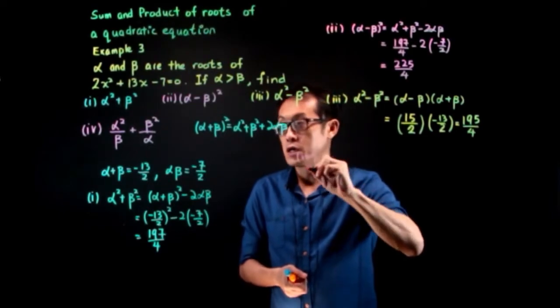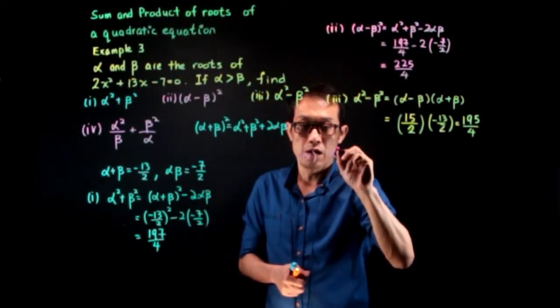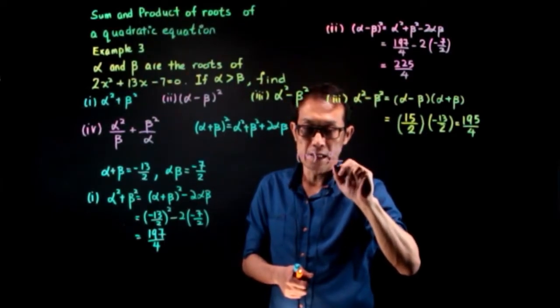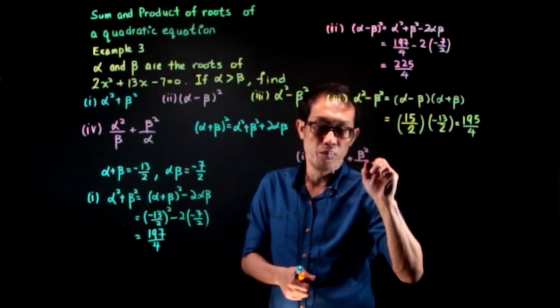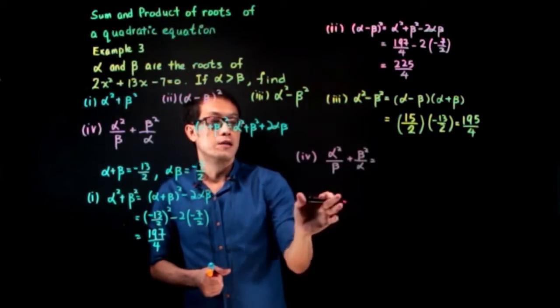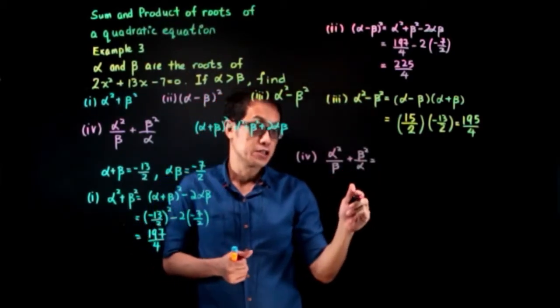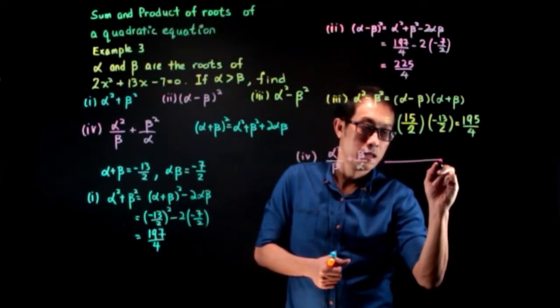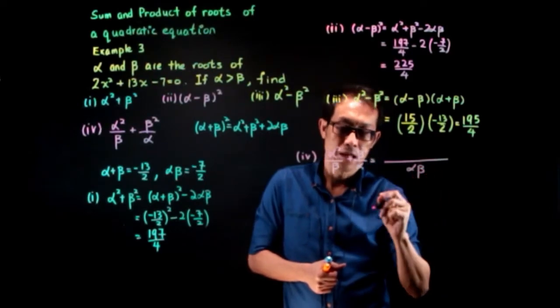In part 4, we are asked to evaluate alpha squared over beta plus beta squared over alpha. Now let's combine these two into a single fraction. The denominator will be alpha beta.